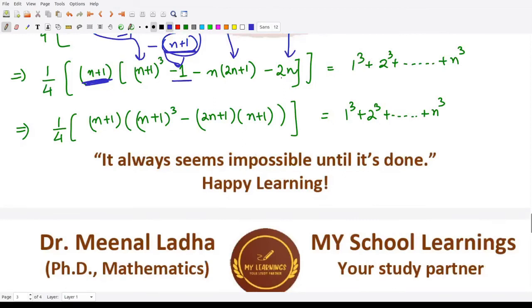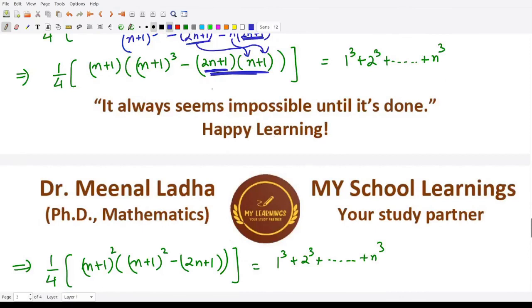From these two terms, you can write them as minus of 2n plus 1, right? And then you have minus n into 2n plus 1, right? And then you have n plus 1 whole cube, right? So from these two terms you can take minus 2n plus 1 as common. Here you would be left with plus n, and here you would be left with plus 1. So this is the term combined together.